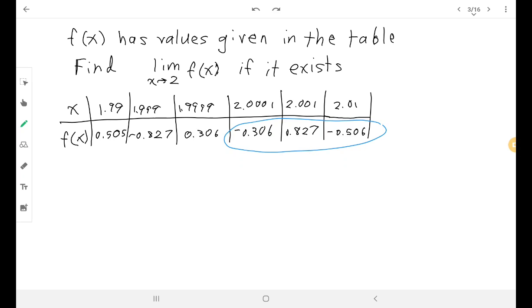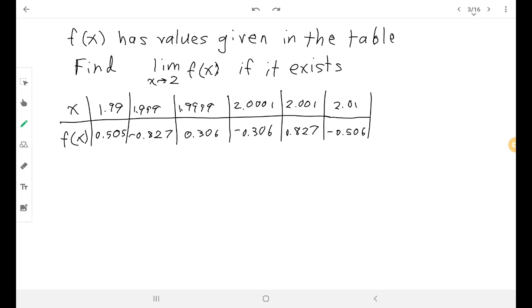Same weird thing happens as we approach 2 from the right here. And so we go, if you start from the farthest right and moving in towards 2, we get negative 0.506 and 0.827 and negative 0.306.